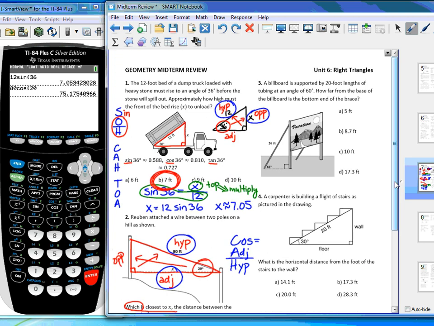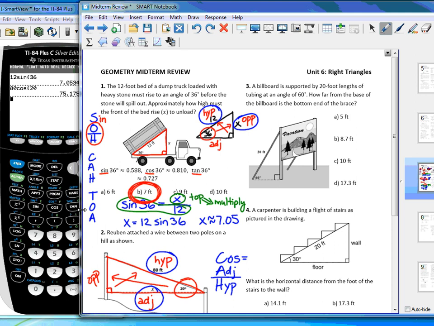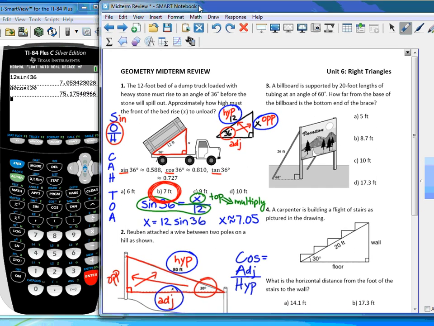We have a billboard supported by a 20-foot length of tubing. Let's see if I can make this just a little bigger. Okay, so once again, we have a right triangle. And what are they looking for? I don't see an x in this diagram. I see my right triangle.